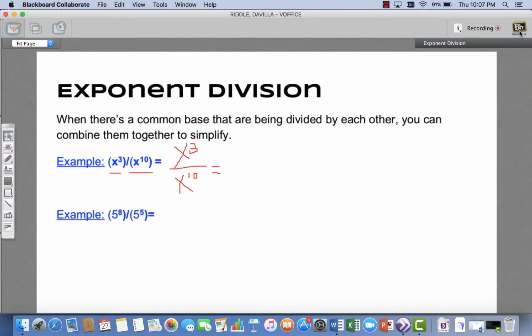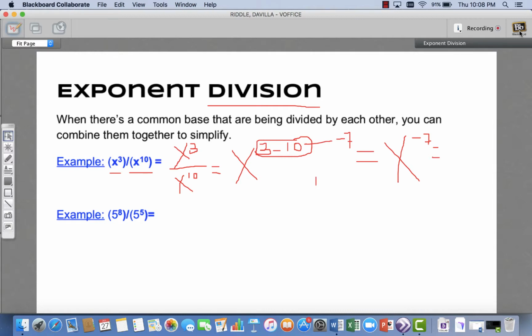However, now we're going to subtract since we're doing division. So we do x to the 3 minus 10, which gives negative 7. Our answer is x to the negative 7th power. This can also be rewritten as 1 over x to the 7th power. These two are equivalent, and they're both the correct answer.